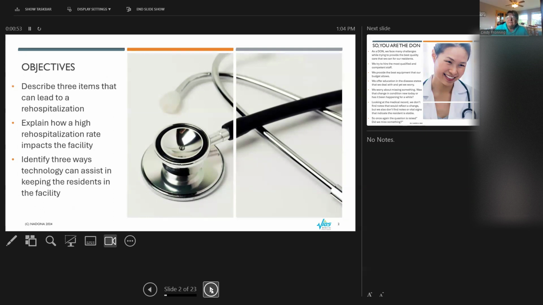And how does that impact us when a resident is readmitted? There are several ways where that high rehospitalization rate truly has an impact on our facility. And then, of course, the last one is the most important one. How can we keep our residents in our facility, and how can technology help us to do that?